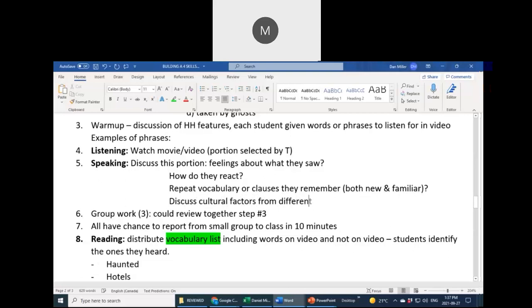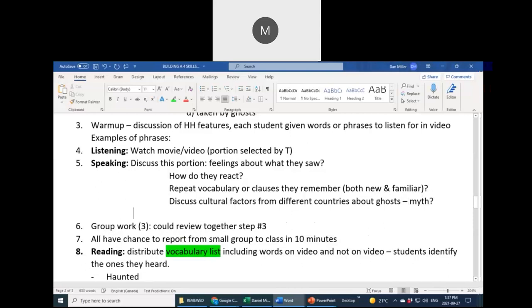For example, they can discuss whether it is a myth that ghosts exist or not, and then they can share their ideas about these beliefs in their groups, and then they can report the results to the whole class. That's good.